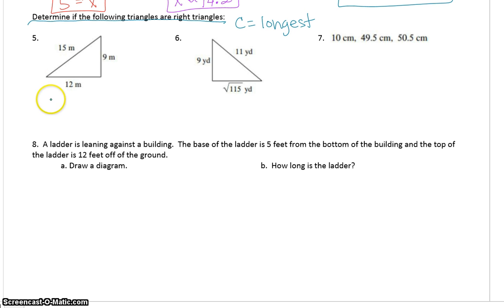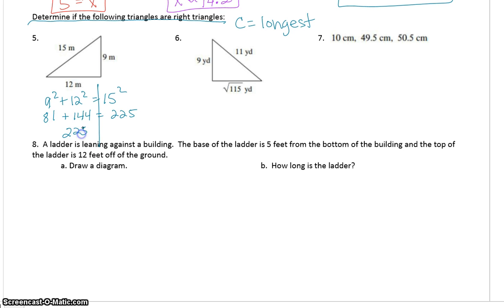So here we're going to have 9 squared plus 12 squared equals 15 squared. Well, 9 squared is 81, 12 squared is 144, 15 squared is 225. Notice I'm not solving anything, I'm just seeing if the left-hand side matches the right-hand side, if it makes a true statement.